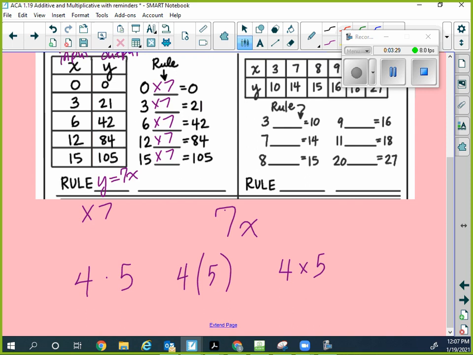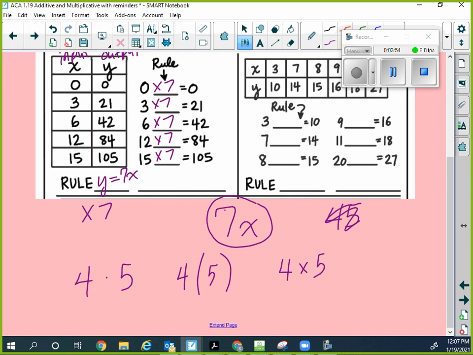And then we said you can also put them next to each other, not numbers next to each other, because what does that look like? That looks like 45, so you can't use that, but I said very soon you're going to start seeing them next to each other because we're going to be using variables. So that's just a reminder, when we see Y equals 7X, that means Y equals 7 times X.